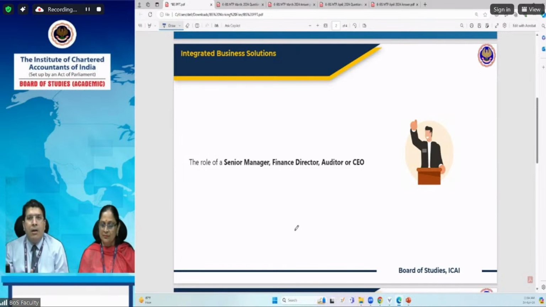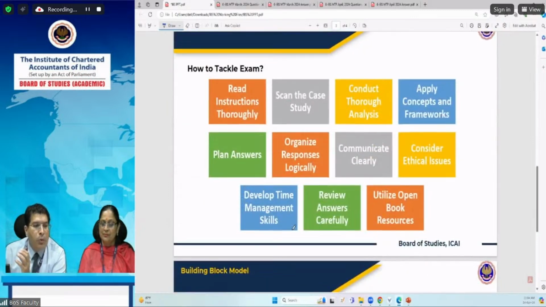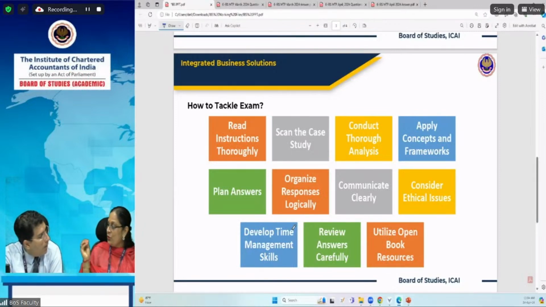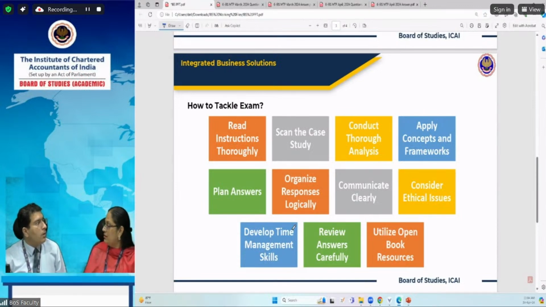To tackle this paper, first of all, you have to read the instructions thoroughly. Students should read all the instructions given on the paper before attending it.